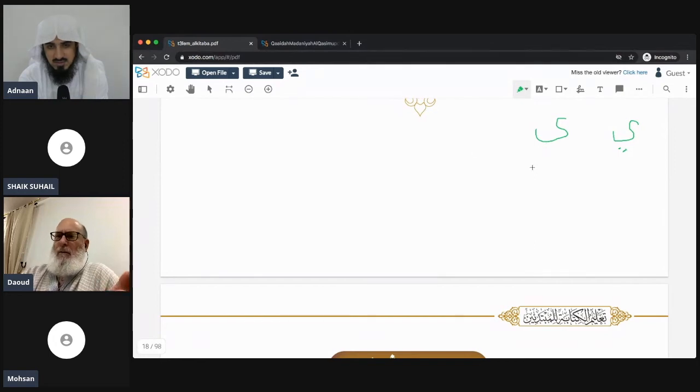There's no dots here. This one's from today's lesson, huh? Yeah, no, there's no dots. Al-Alif Al-Maqsoorah. Well done.